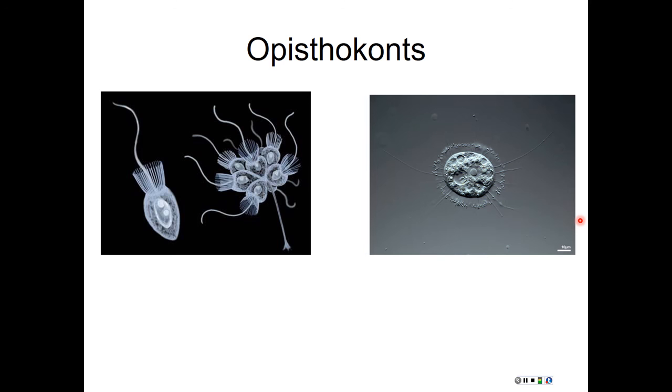So the nucleariids are the close relatives of fungi. And so that's this guy right here. And a group called the choanoflagellates are the close relatives of animals.